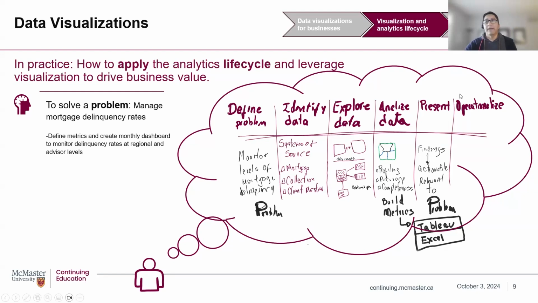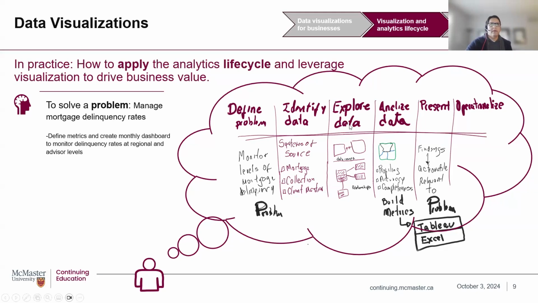You will need to identify where the data is coming from. What are the systems of source? You may have mortgage data, you may have collection data, and you may also refer to client master data, right? Because all those data elements together will help you try to manage this mortgage delinquency rates business scenario.